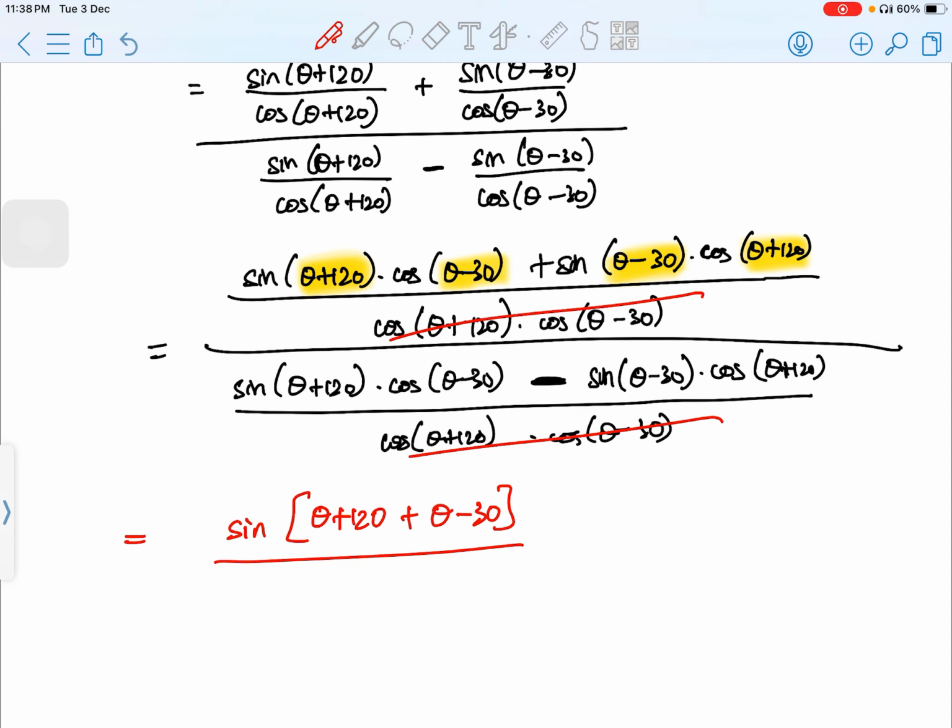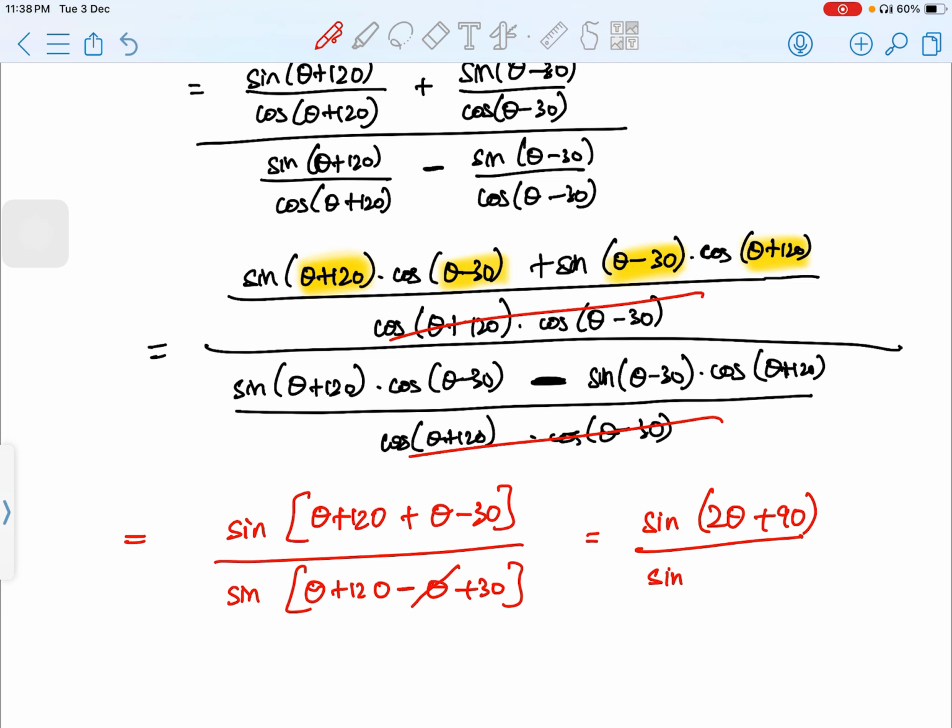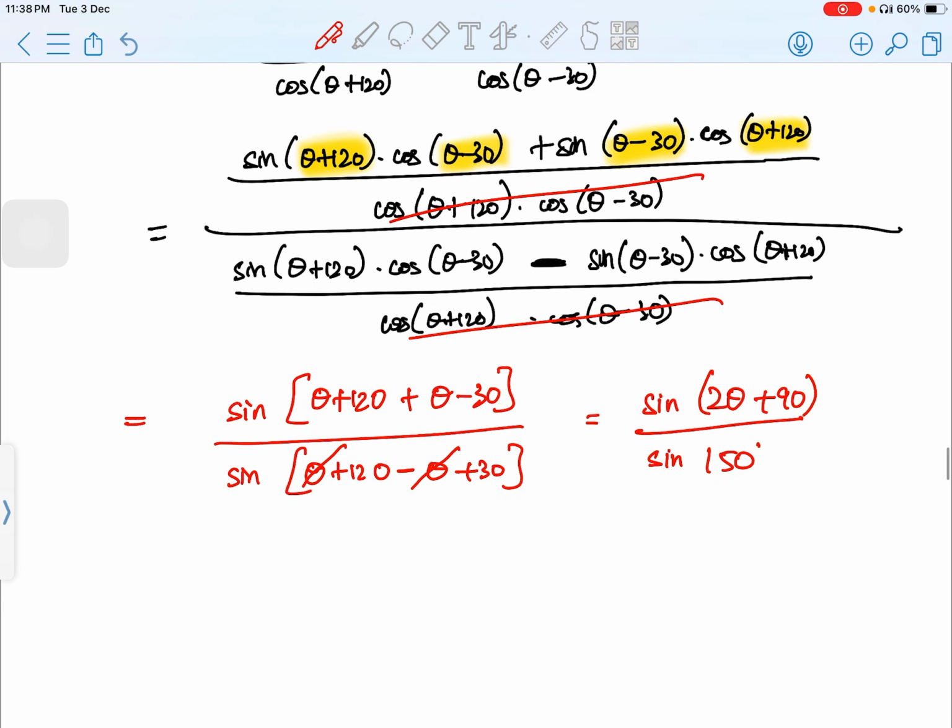Can you understand? Theta plus 120 minus theta minus of minus, plus 30 will be there. So in the numerator you will have sin of 2 theta plus 90 divided by sin of, and this theta gets cancelled, 150.